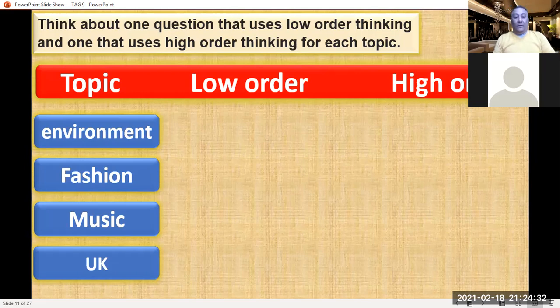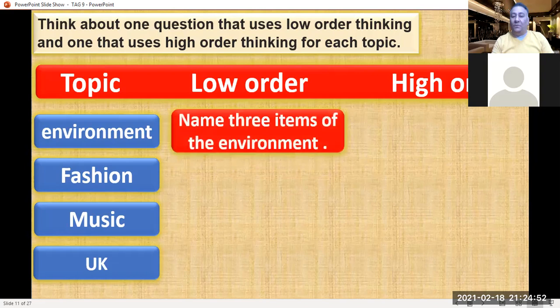Low order is about remembering, knowledge or information about the environment. Like, name 3 items of the environment. You agree? Yes. Name 3 items of the environment.